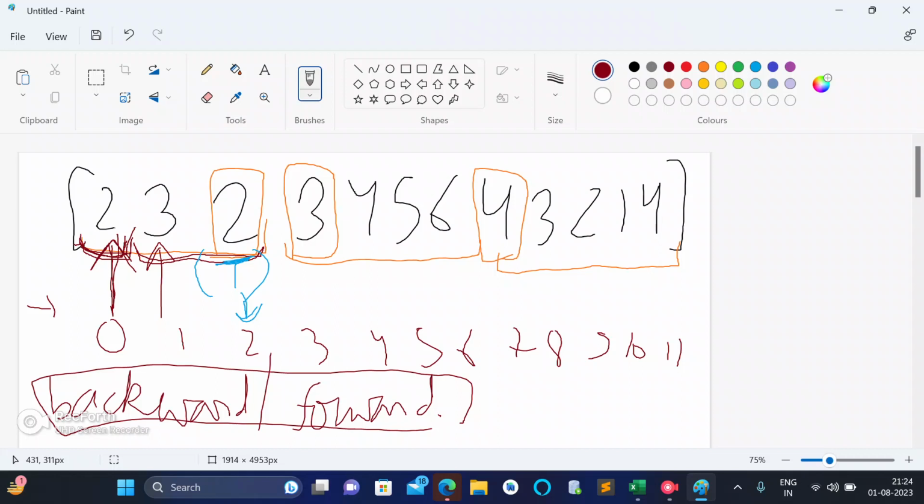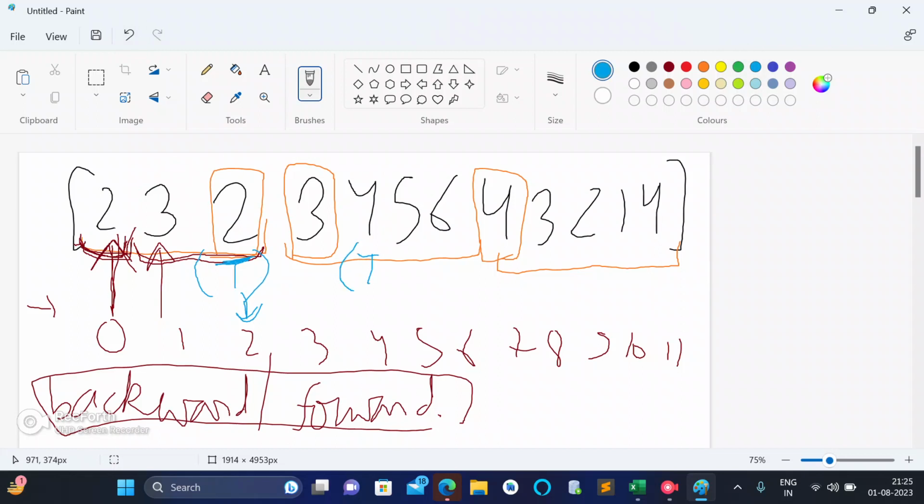Now I will see in the forward direction whether there are 3 elements which are present after this 3. Yes, there are 3 elements after this 3. Those 3 elements are 2, 3 and 4, having values 2, 3 and 4, which are present at indexes 2nd, 3rd and 4th. So it might be possible that this would be the segment having a length of 3 and the elements are 2, 3 and 4.